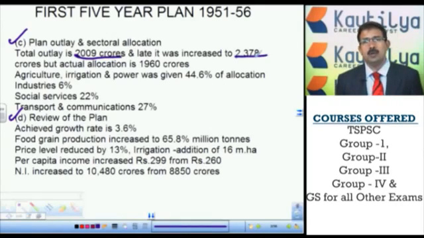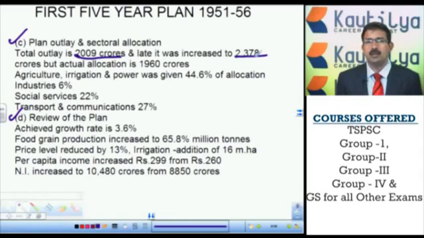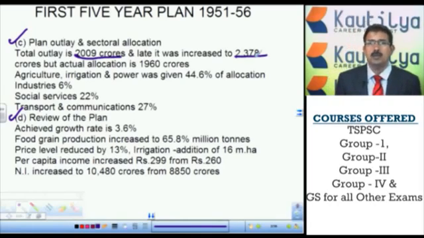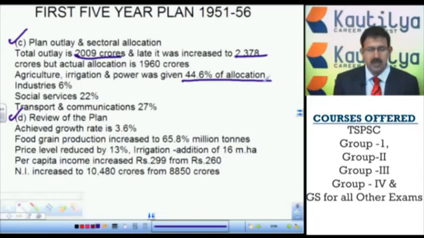Such type of questions are particularly asked in the state public service commissions, where there will be emphasis on the allocations, not only allocations, final allocation and expenditure based questions will also be asked. Then to which sectors the plan was allocated more. So the top 3 allocations are to be remembered, keeping the competitive examinations in view. Together with power and irrigation, the agriculture sector has a lion's share of 44.6%.